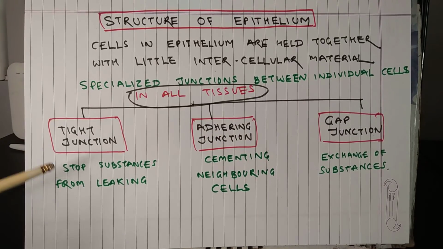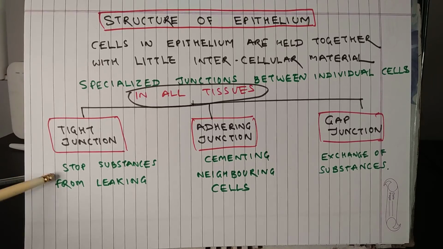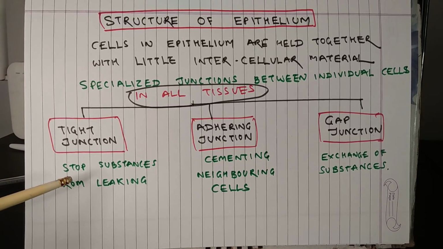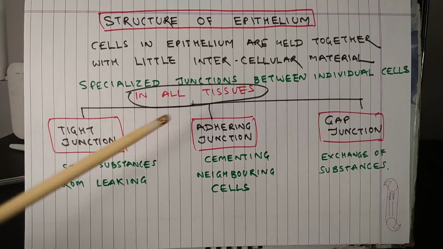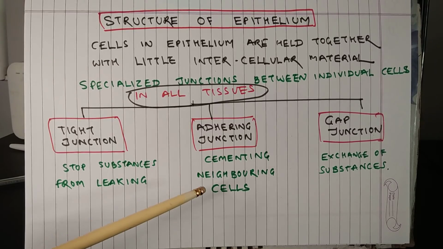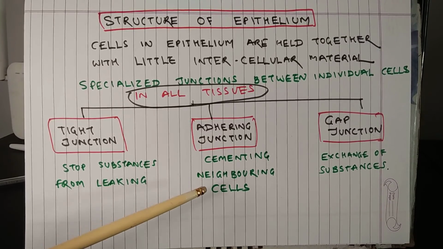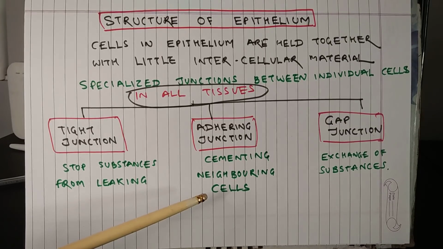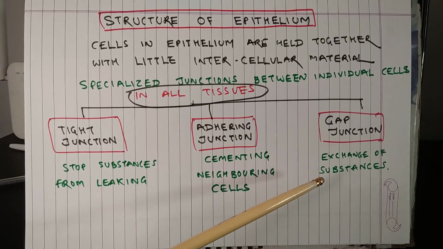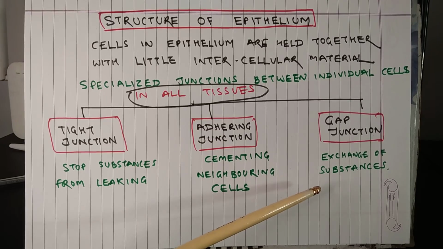The tight junction stops substances from leaking through the tissue. The adhering junction keeps the neighboring cells glued together. So it plays the role of a cement or glue. The gap junction facilitates exchange of substances.